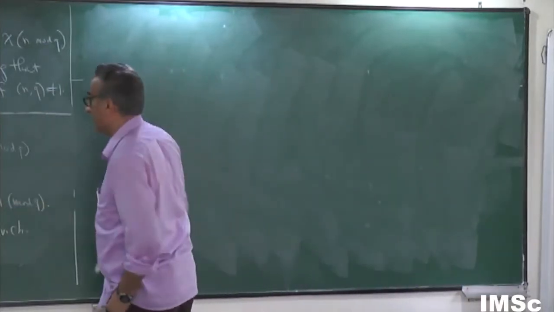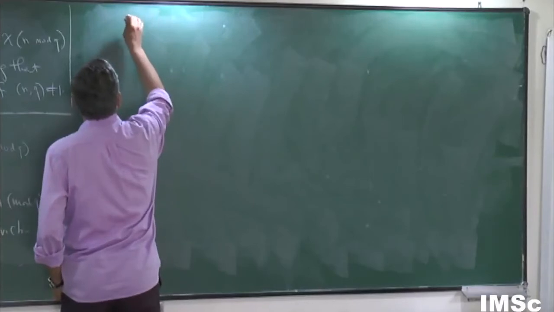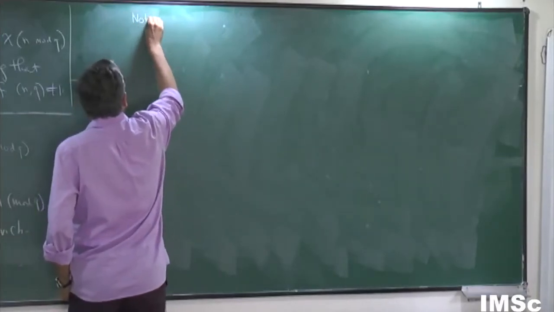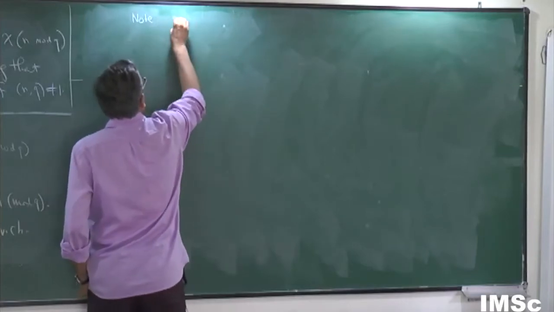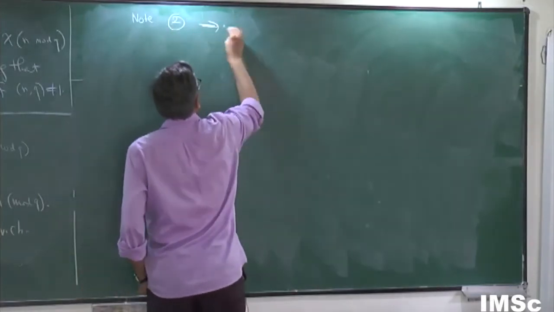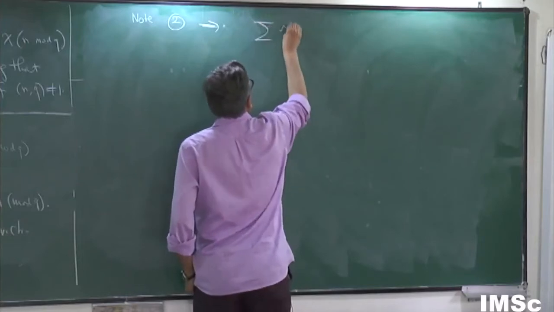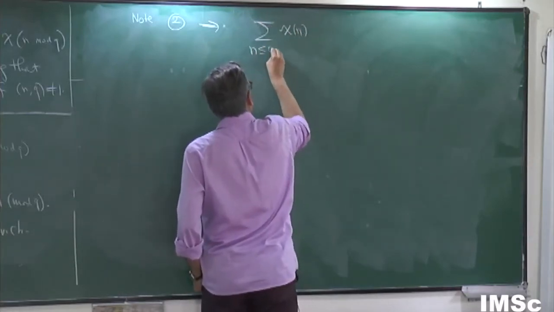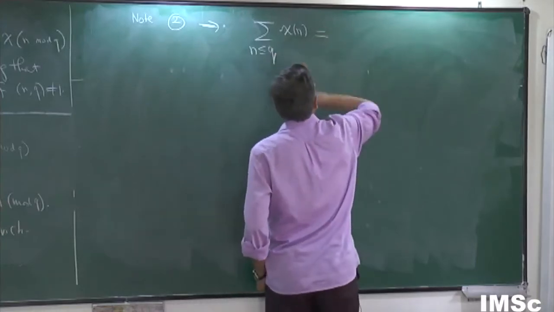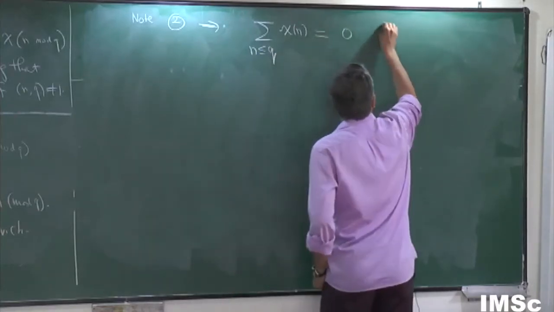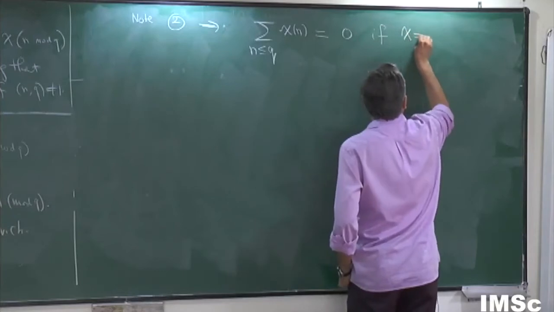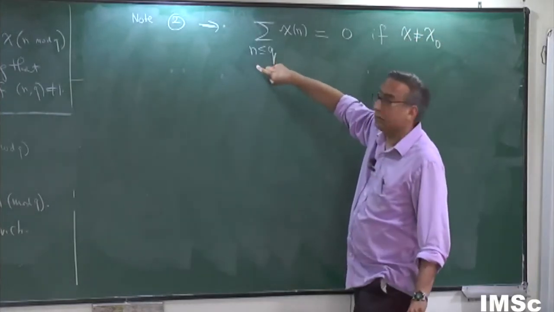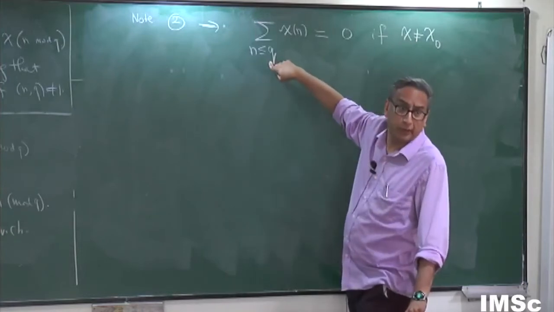So let's see what the second one is saying. So notice 2 implies, so I'm looking at all the numbers from 1 to q.